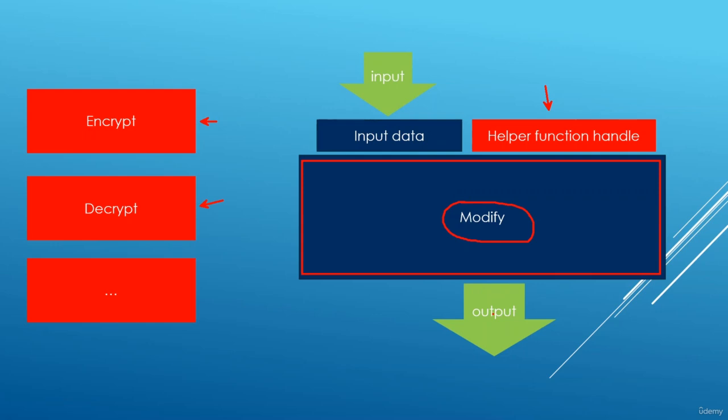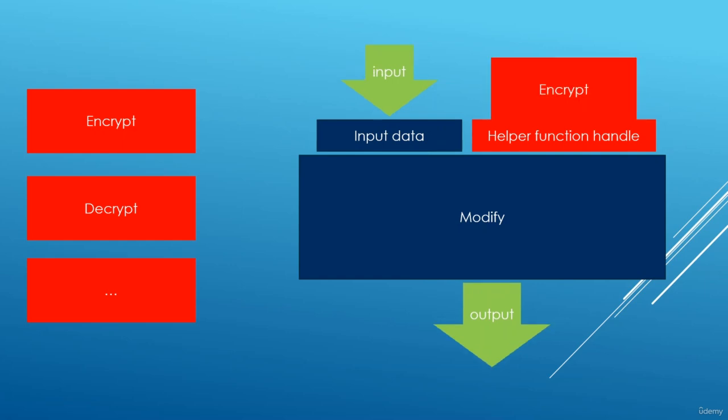I know this may sound cryptic to beginners, but this is really going to make things a bit easier, as we are going to see as we progress in the chapter. So for example, at runtime, we may decide that we want to do encryption with our modify function. So we are going to attach an encryption function to the modify function, and then we're going to pass input.